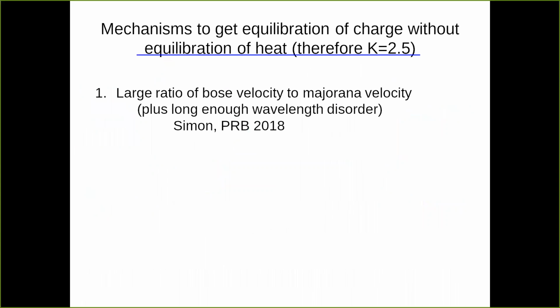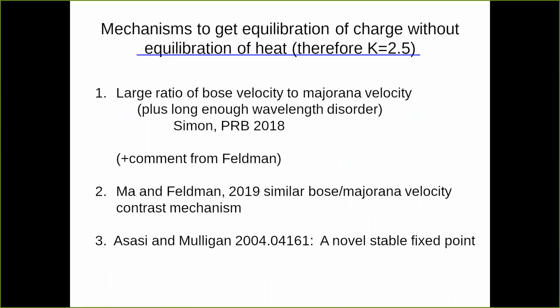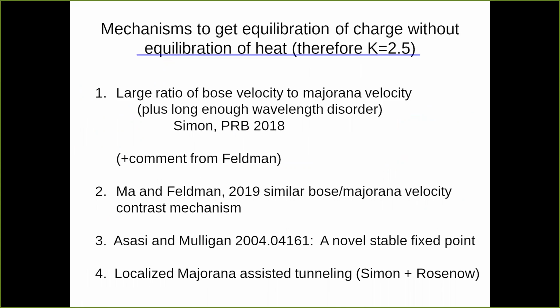Now, after this paper, there have been several different proposals, let me skip the explanation because I realize I'm using a lot of time, as to how you could get this physics to occur. None of these proposals are without problems, but they're not crazy either.